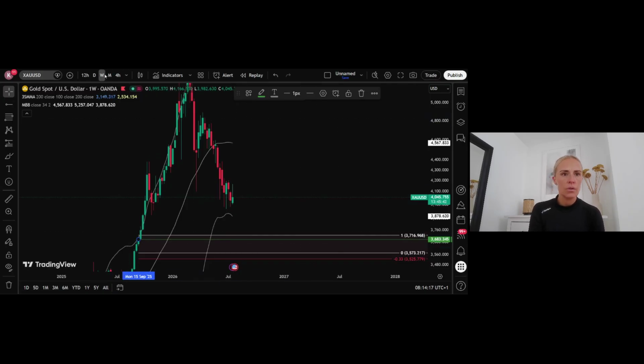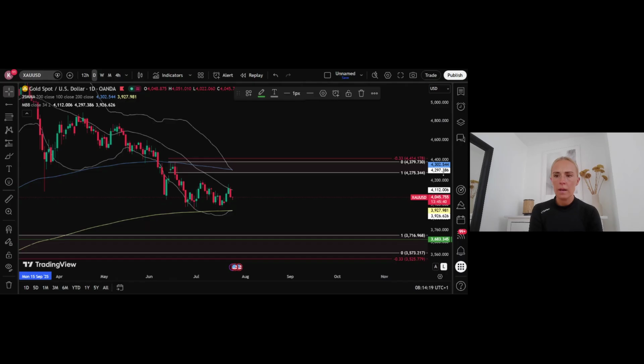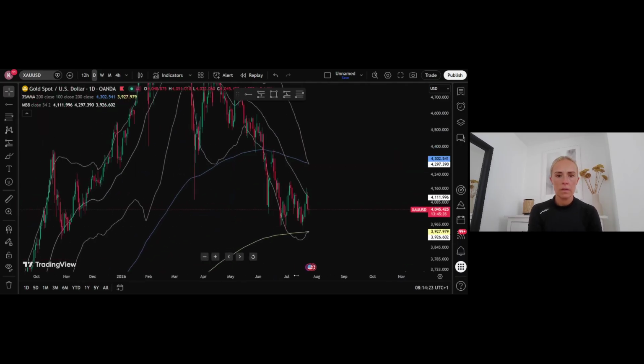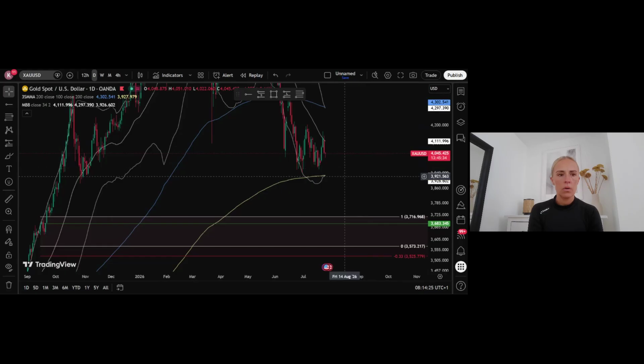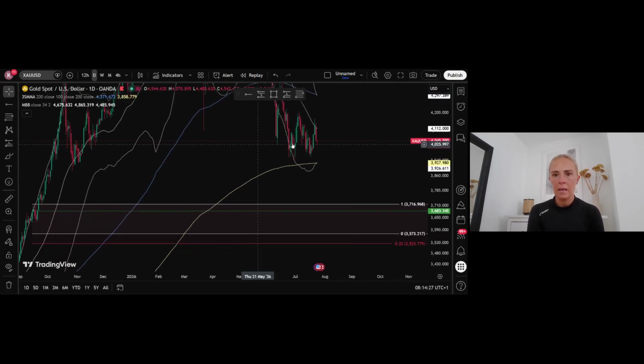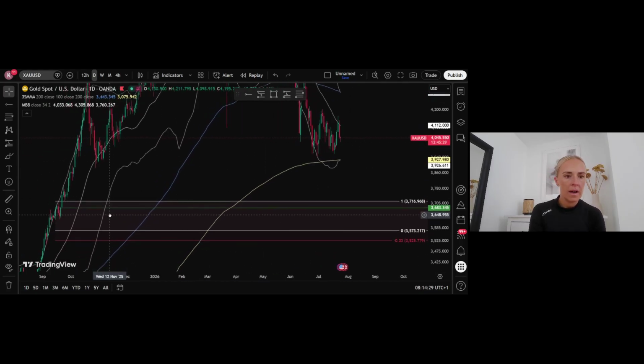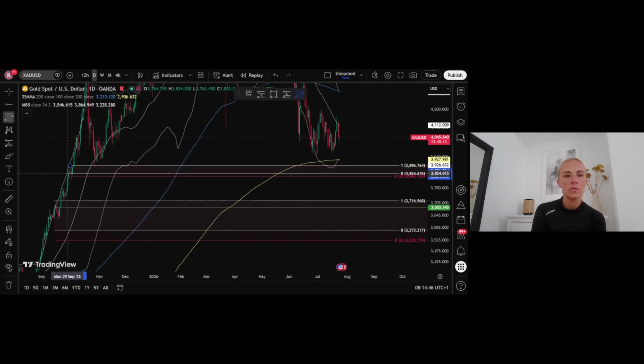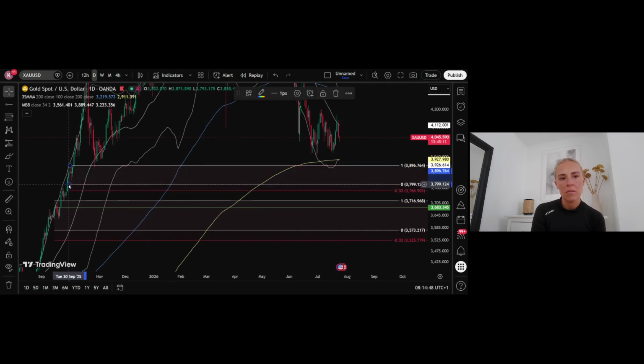Right, so then I'm going to go to the daily time frame. So this is our daily, and I'm going to refine this demand zone further. So you've got lots of demand zones here, for example, right? So now that we've zoomed in, you've got another demand zone there.